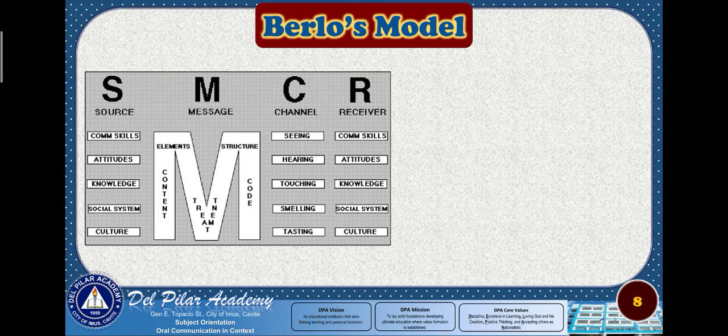But generally, humans transmit our message through our five senses. We have hearing, seeing, touching, smelling, and tasting, and also speaking. And lastly, the receiver who gets the message is also affected by different components, just like the sender.